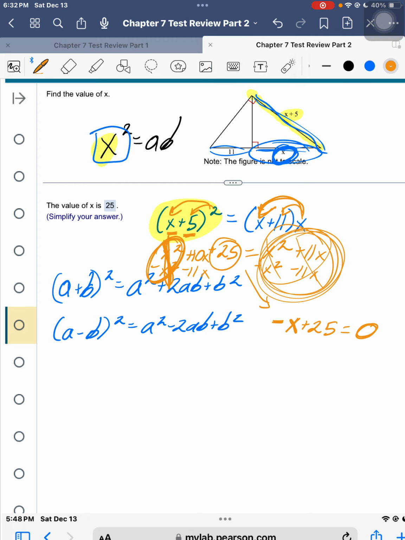So now, I don't want my x to be negative, so I'm going to add it to the other side, so that now I have 25 equals x, or x equals 25. So that's my final answer.